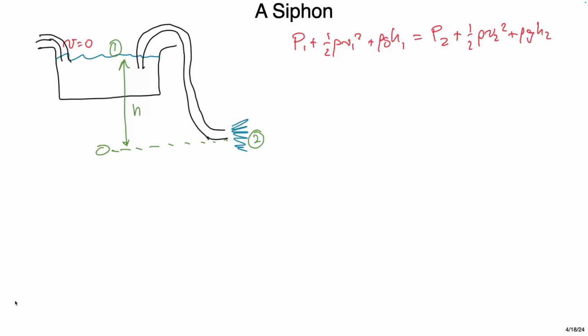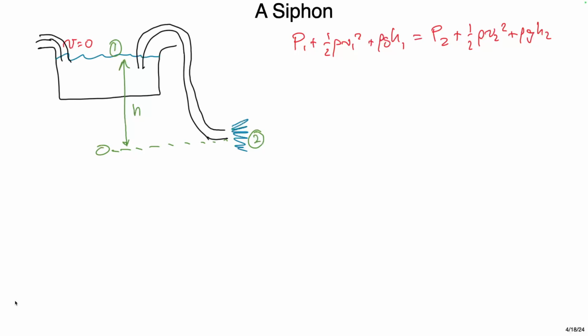We know something about the surface of that water. We know it's not moving. And as far as down at the end of the siphon is concerned, we are going to find out how fast the water is flowing out of the end of that pipe. That's our goal. We're going to do it using Bernoulli's equation.